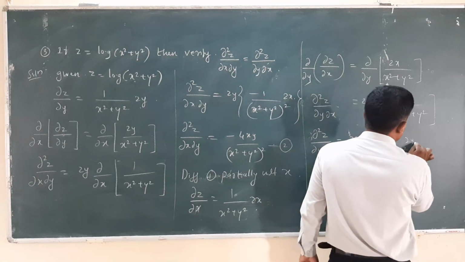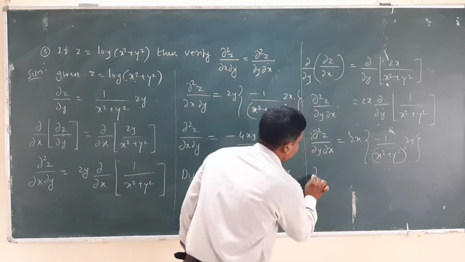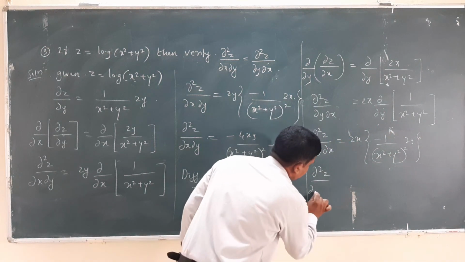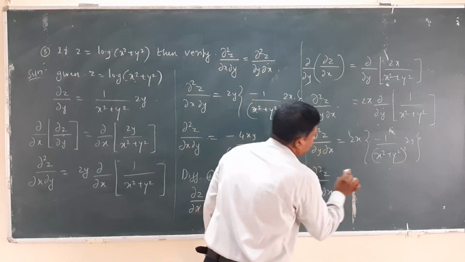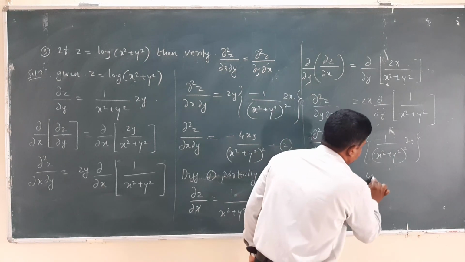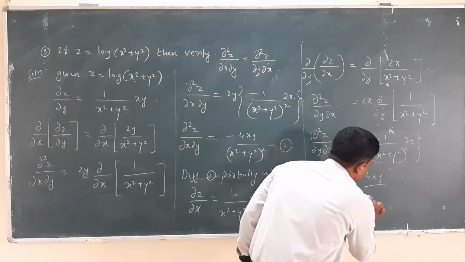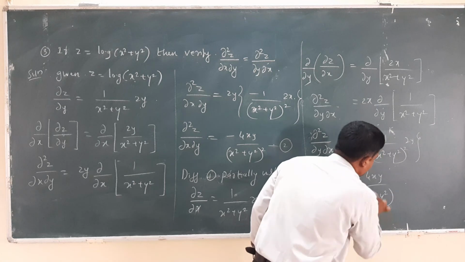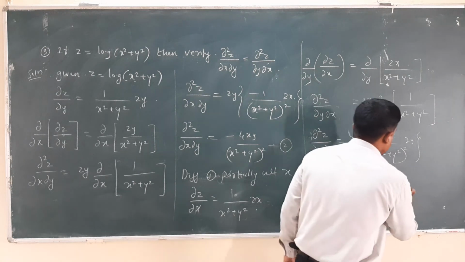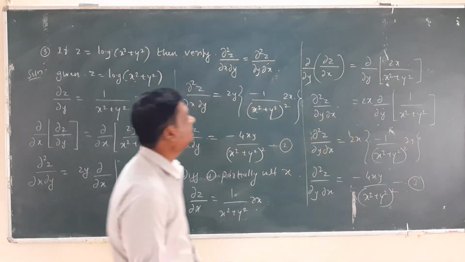So this is 2y. Therefore ∂²z/∂y∂x is equal to minus 4xy upon (x² + y²) whole square. I will take this one as equation number 3.